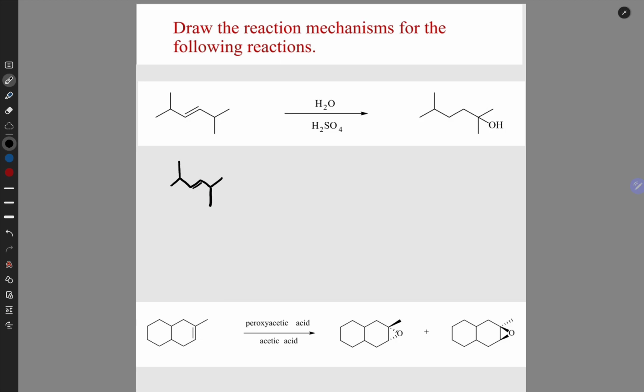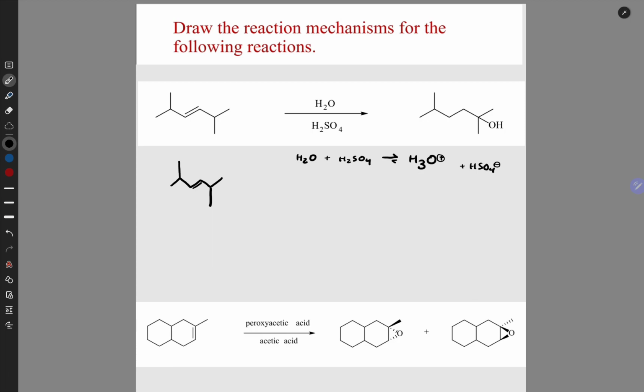So important to note that this H2O and this H2SO4 are actually going to react in order to form more H3O+ and HSO4-.